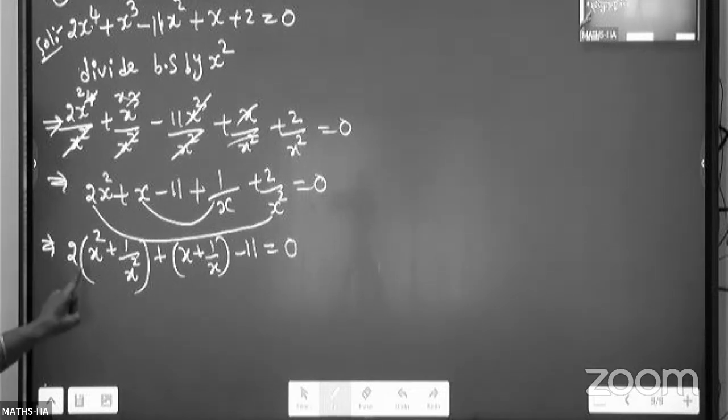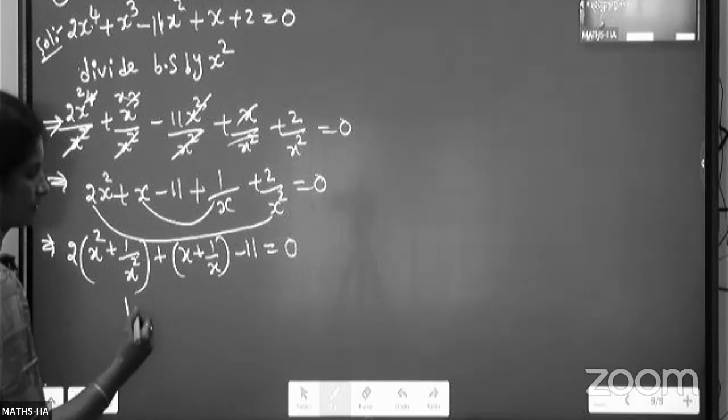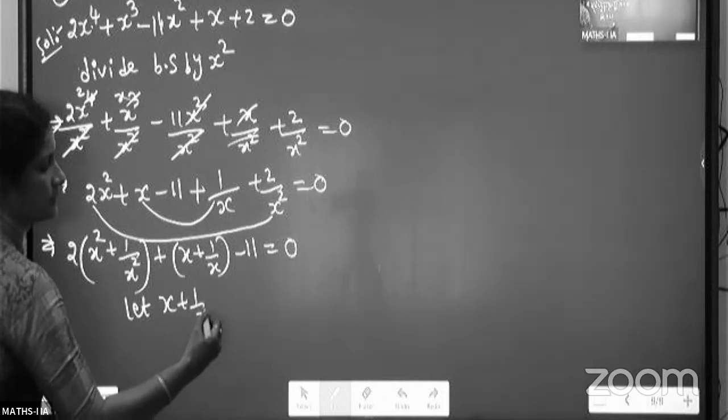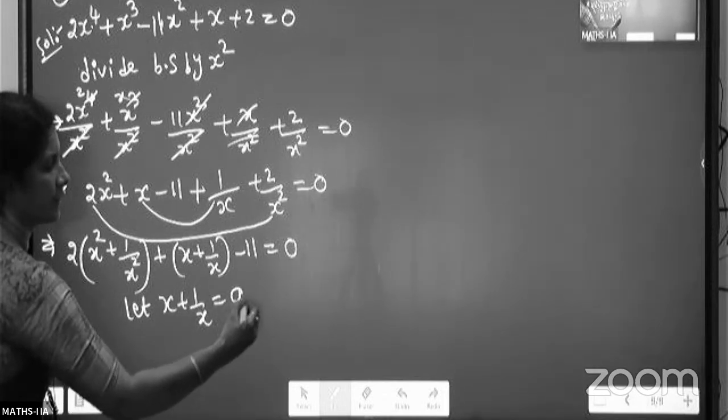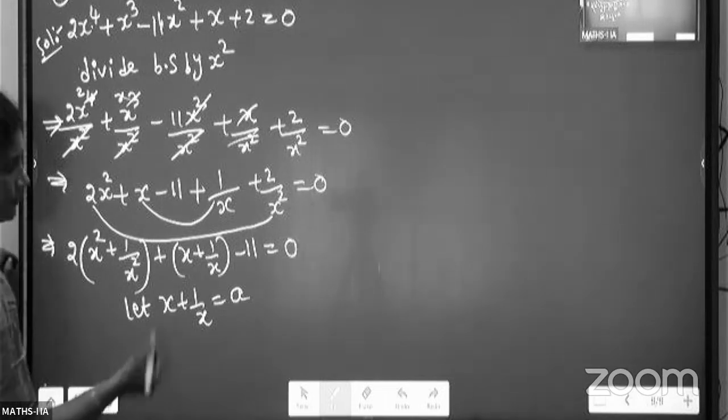Here, x square is fine, but 1 by x square is there. How do you have to simplify this kind of question? You have to go for the substitution again. Here the minimum part is x plus 1 by x. So what is the substitution? Let x plus 1 by x be equal to some constant, say a or t, it's up to you, whatever constant you can take.